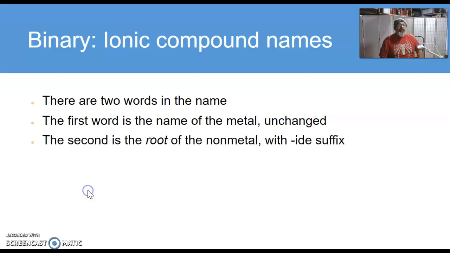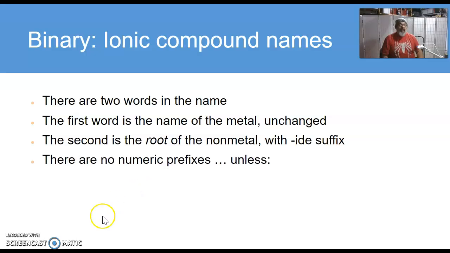The change happens on the non-metal. The second word is the root of the non-metal with an -ide suffix. So it's not sodium chlorine, it's sodium chloride. It's a subtle difference, which is part of those IUPAC rules that we're kind of shoving down your throat to get you to understand.